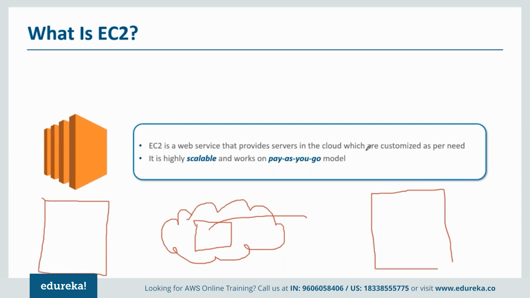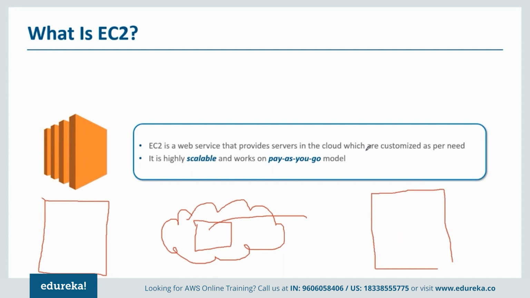These are servers that we deploy over the cloud platform, and they can be initiated in a couple of minutes as compared to deployment on on-premise servers. Here it can be configured and up and running in less than 15 minutes. That's how fast it is.